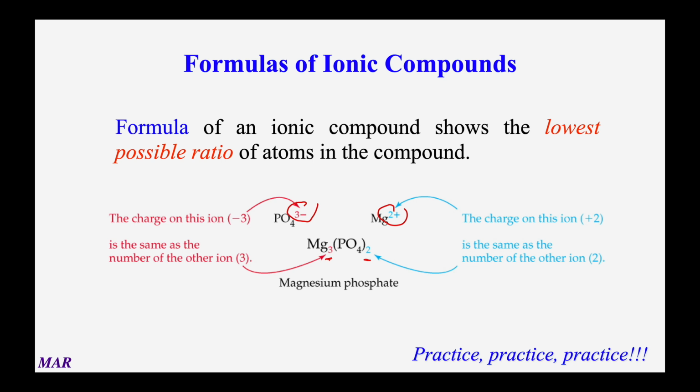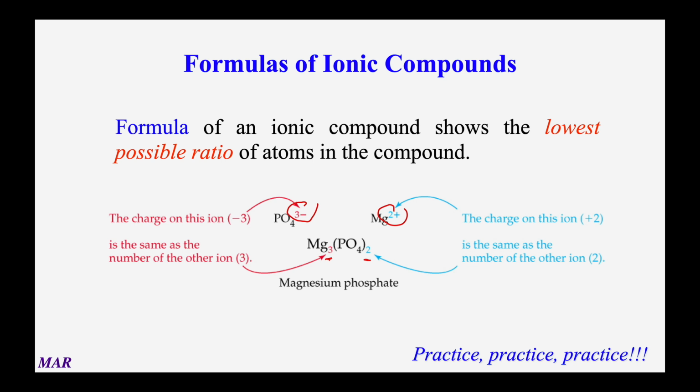You wouldn't want to write PO42 because it would look like PO42, where you'd have 42 oxygens and 1 phosphorus. That doesn't make any sense. So if there's more than one polyatomic ion, you use parentheses. Don't use parentheses under any other circumstances here, only if there's more than one.